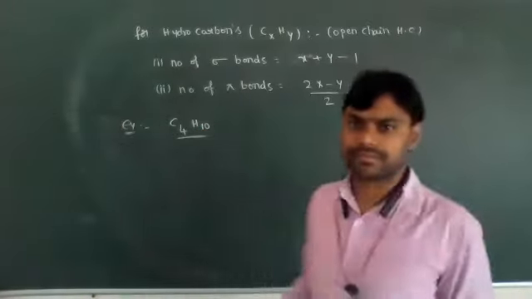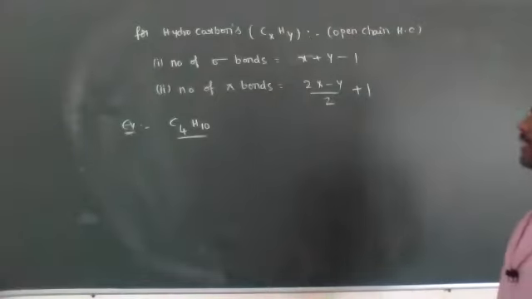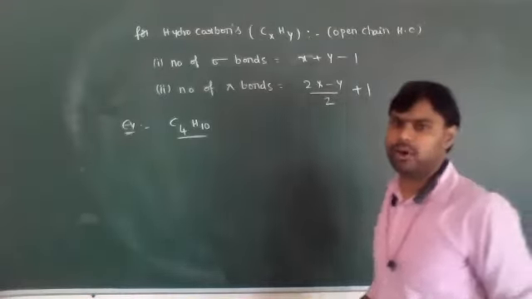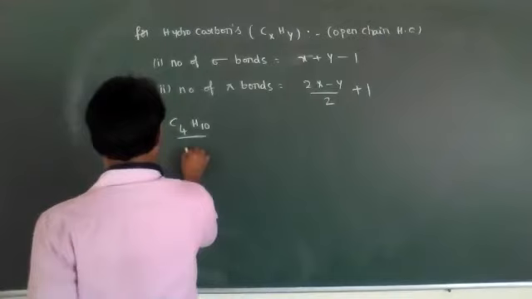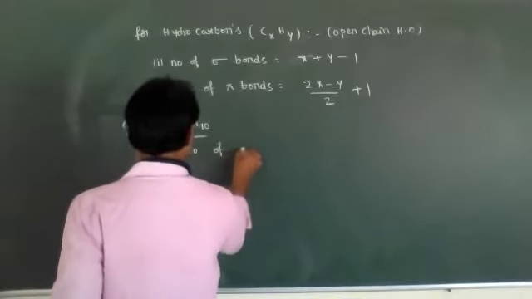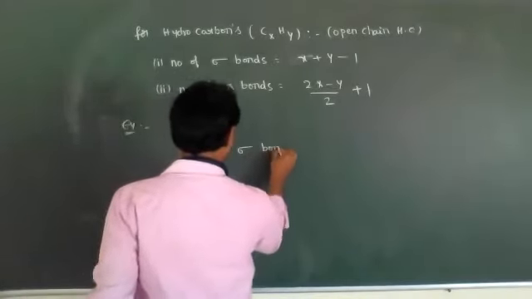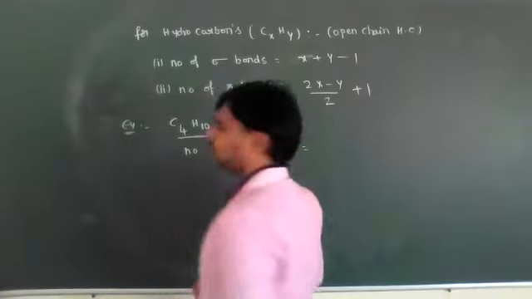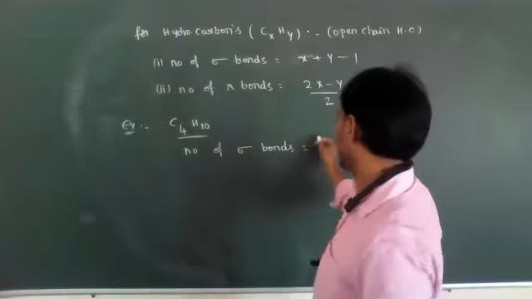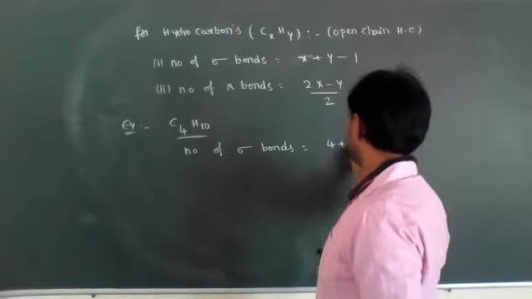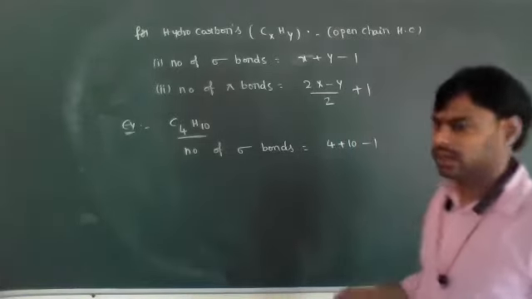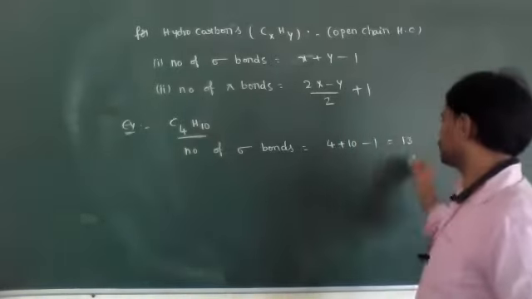C4H10 contains how many sigma and how many pi bonds? Number of sigma bonds is equal to number of carbon atoms plus hydrogen atoms minus 1. 14 minus 1 is equal to 13.